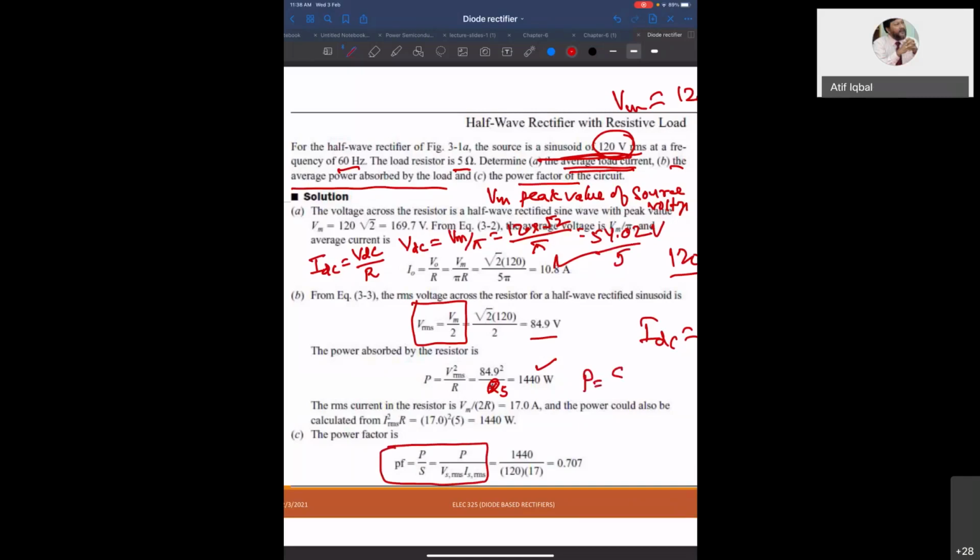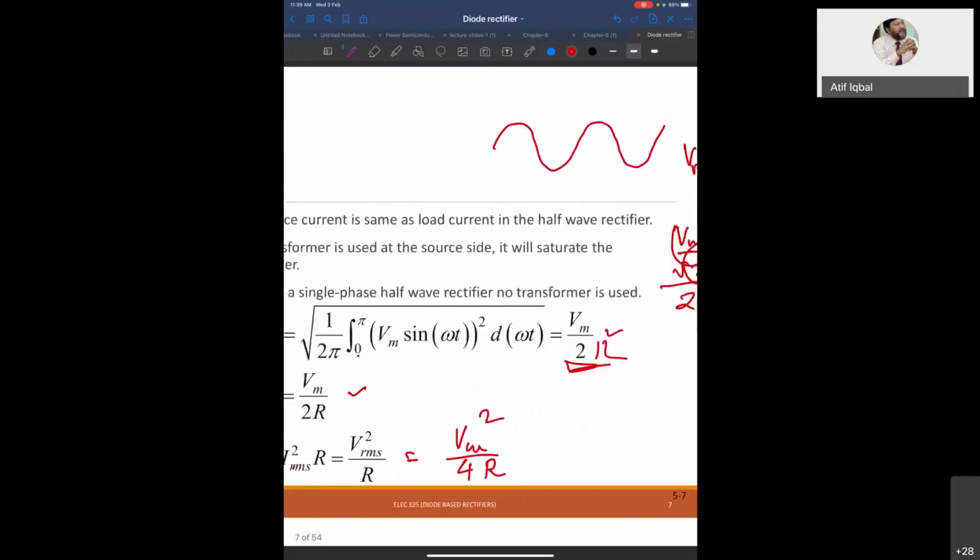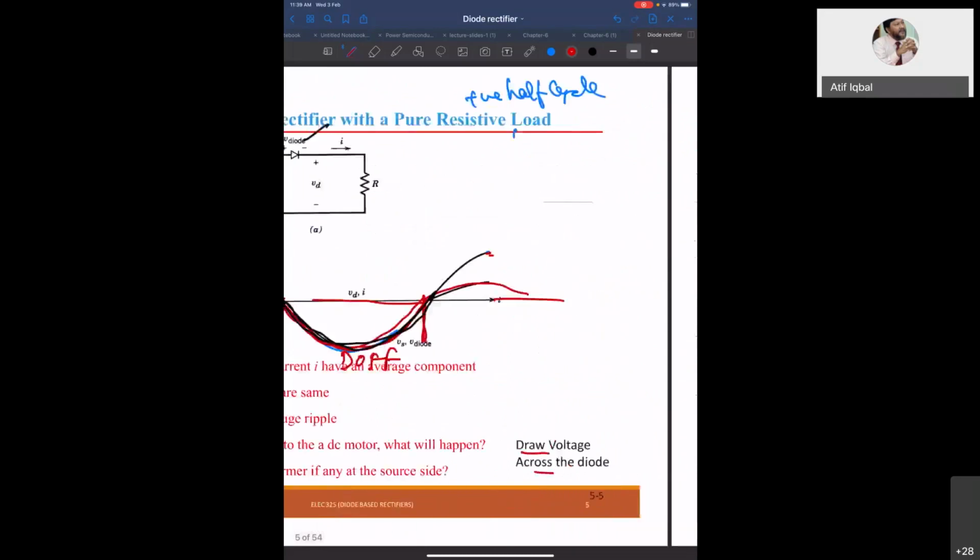Power is the apparent power multiplied by the power factor. Okay, so the power loss... I told you here unity power factor. I'm sorry about that, I don't think this is correct.